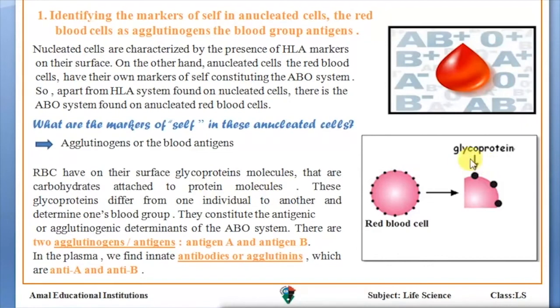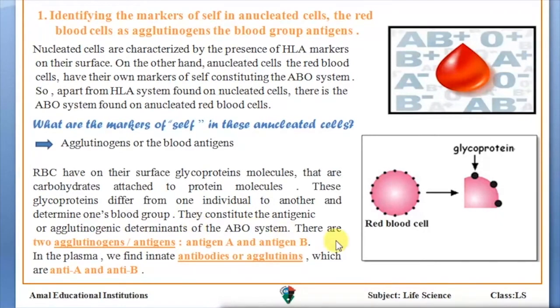This is why we call them glycoprotein. These glycoproteins are going to constitute the antigenic or the agglutinogenic determinant of the ABO system. They're going to differ from one individual to another, and they're going to determine our blood group.